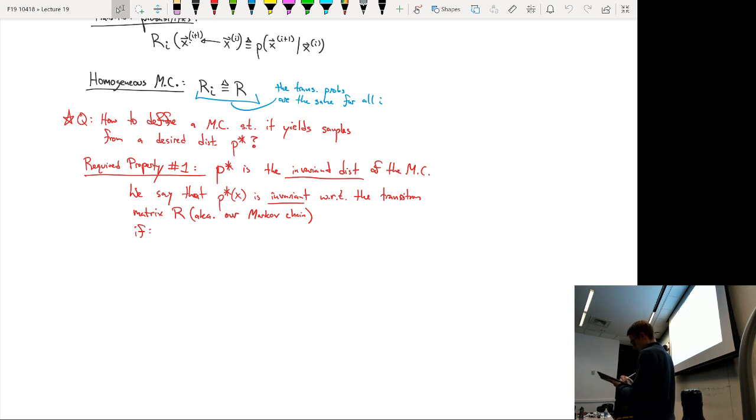If we have that P star of x is equal to a sum over all possible x prime, taking the probability according to R of transitioning to x from x prime times the probability P star of x prime.